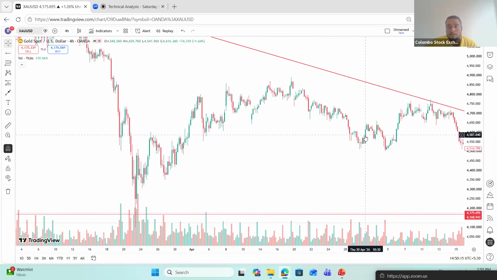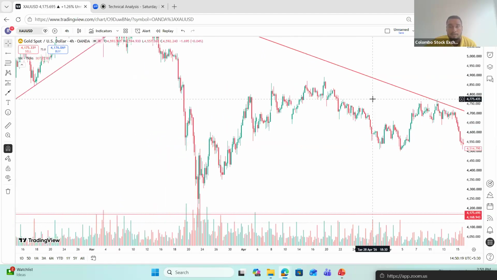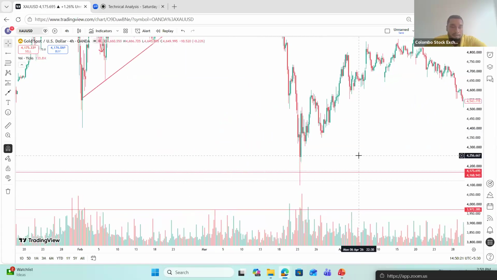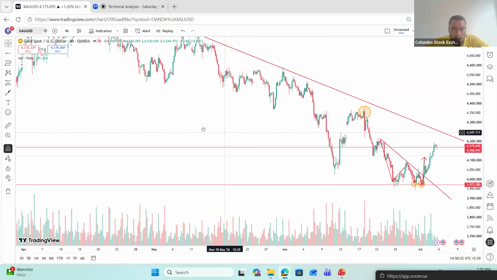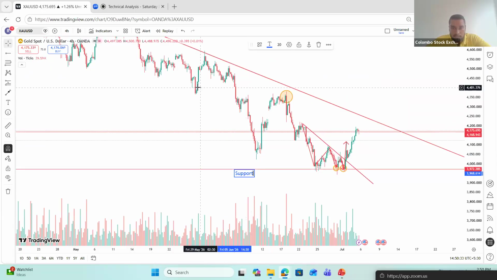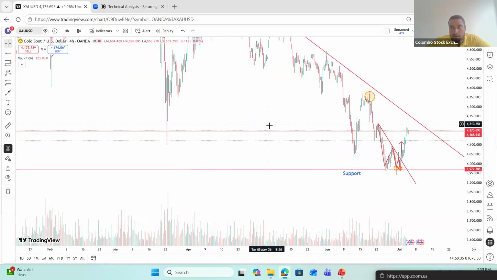That's why you always have to use them in context. Like this one I marked here, it is a very good support line, the line I marked before. We'll discuss support and resistance, so don't worry about it now.